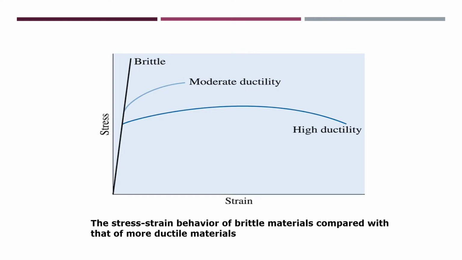So from this graph, we can also determine whether the material is brittle or ductile. If the material is brittle, it has a shorter length of strain. If the material is ductile, it has a longer length of strain.